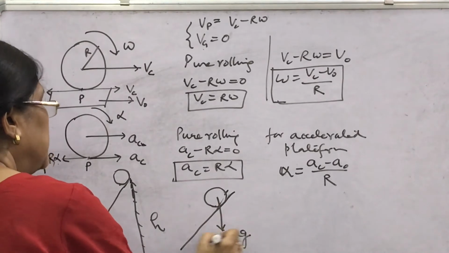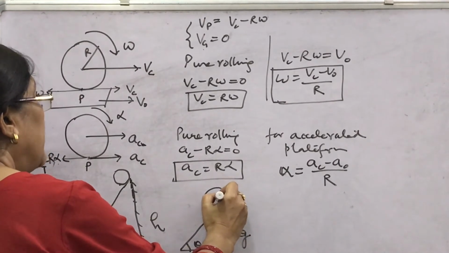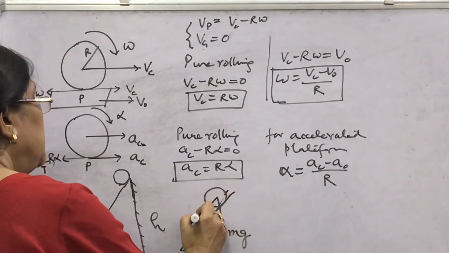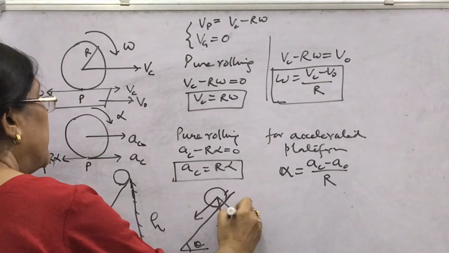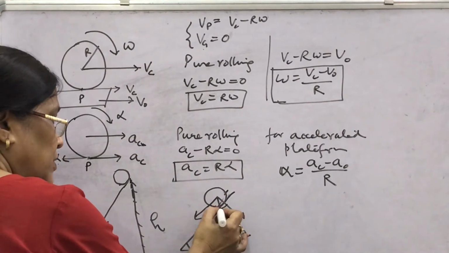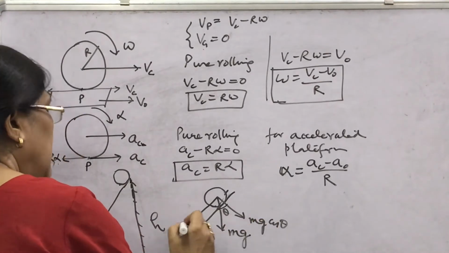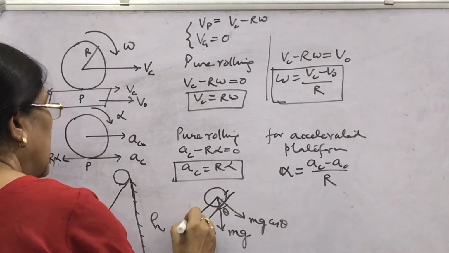This is mg, this angle is theta. So you will find that mg has two components, this and the perpendicular one, this. If this angle is theta, this will be theta, so this will be mg cos theta, and this is mg sin theta.